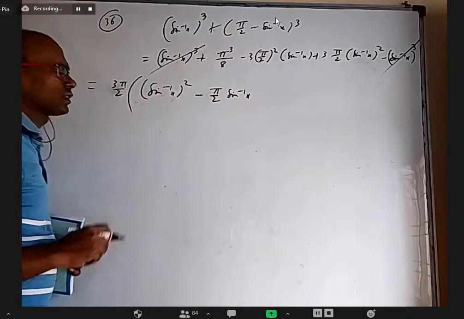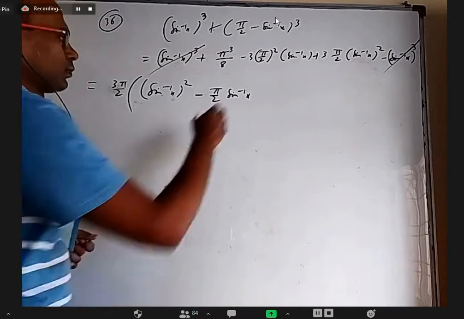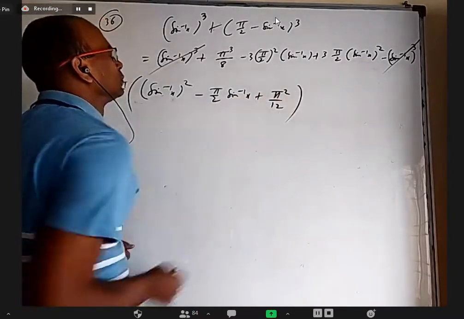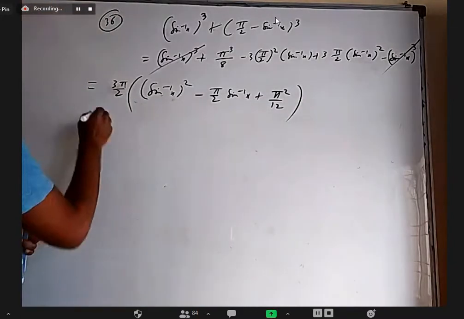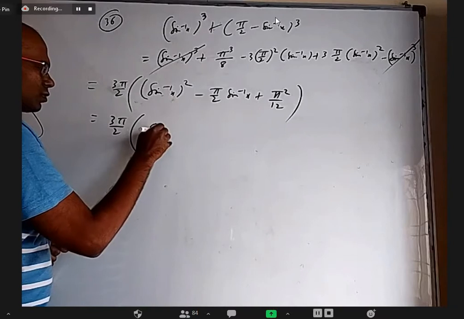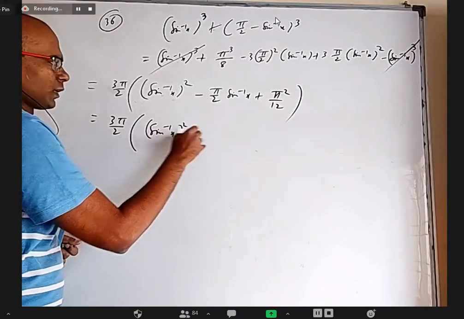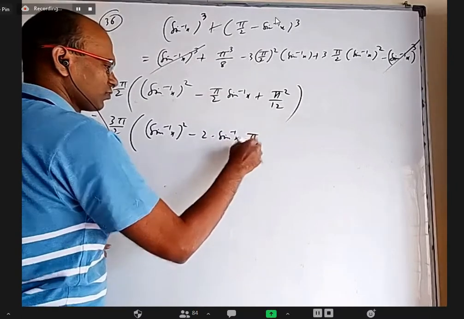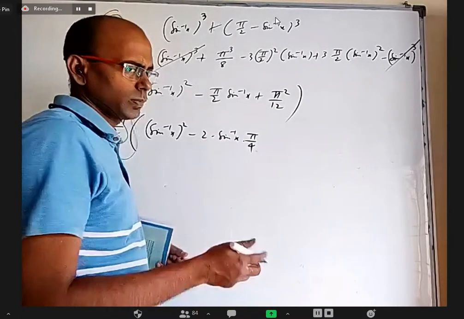This one I divide with 3 pi by 2, pi square by 12. I want to make a perfect square. So sin inverse x whole square minus 2 into sin inverse x into pi by 4. For that I need pi square by 16.